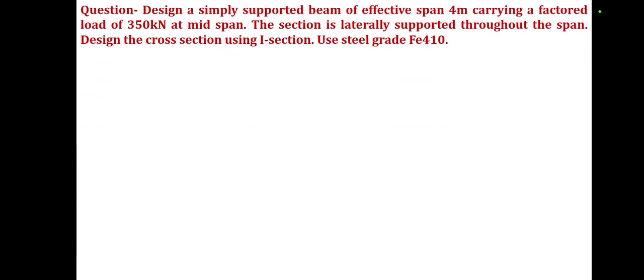So in today's lecture we will be studying the design of beam. The question for today's lecture is: design a simply supported beam of effective span 4 meter carrying a factored load of 350 kN at mid span.